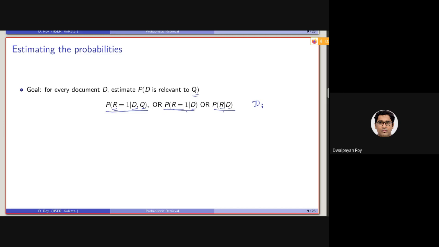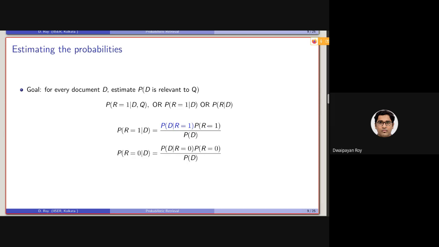Now if we continue, considering this notation here, probability of R equals 1 given D can again be extended by Bayes into this formula. Similarly, the probability of non-relevance can also be specified as this.